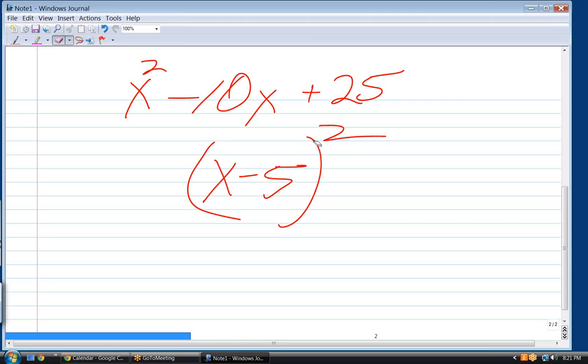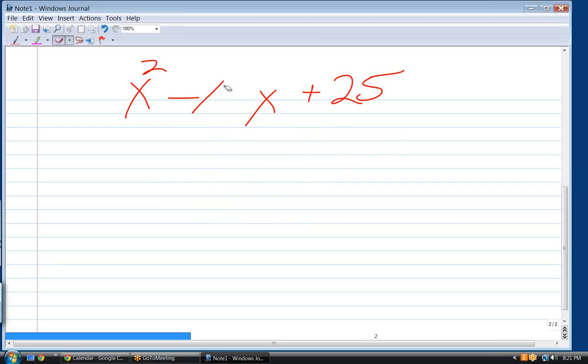Now, you got to be a little careful. I don't know how hard they're making their complete the square problems, but you stick a coefficient in front of that and it changes everything. In other words, if I said complete the square here, you've got to factor out that 2 before you can complete the square.